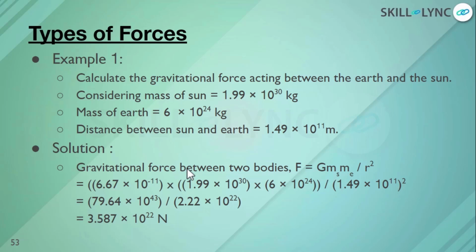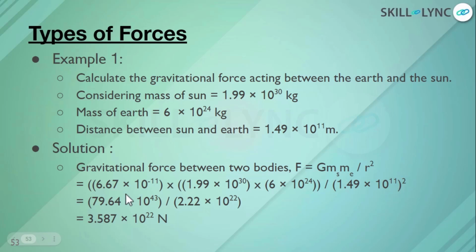Thus, putting values into this equation, the universal constant value is 6.67 into 10 power minus 11 multiplied by 1.99 into 10 power 30, which is the mass of the Sun. Further, this is multiplied by 6 into 10 power 24, which is the mass of the Earth. And this whole is divided by r square, that is the center to center distance between the Sun and the Earth, which is 1.49 into 10 power 11 meter whole square.